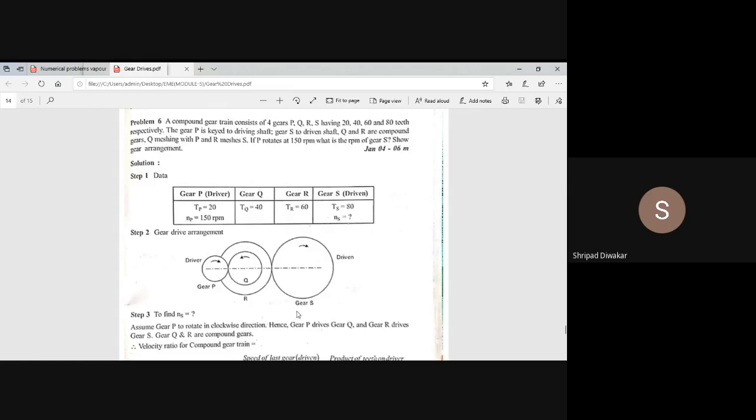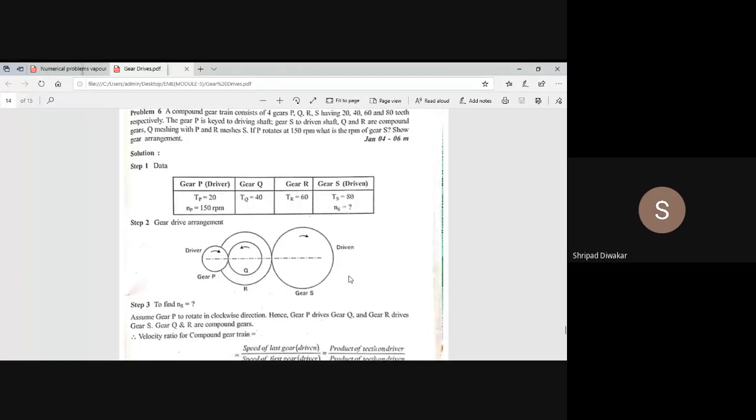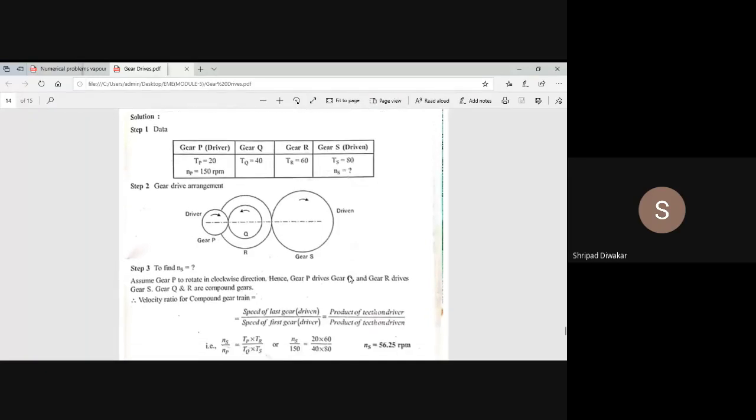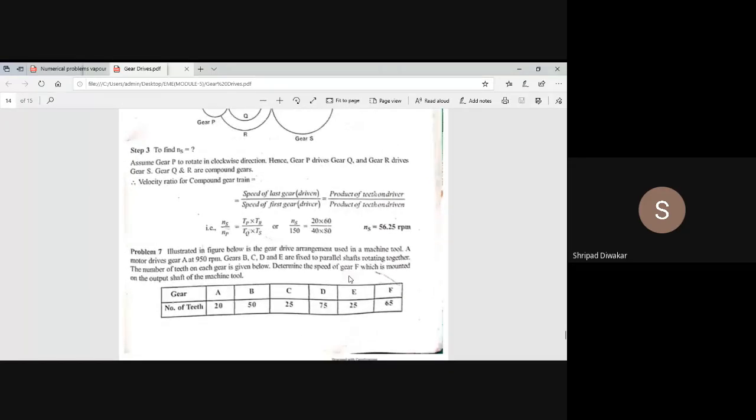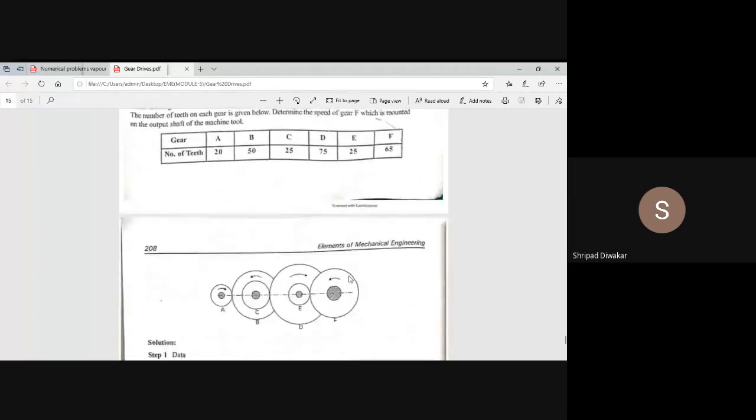Based upon this only, you'll get everything. That's why drawing the circles is most important in gear drives. So NS divided by NP equals TP into TR divided by TQ into TS. Substituting all the values, we get the speed of the last gear as 56.25 rpm.